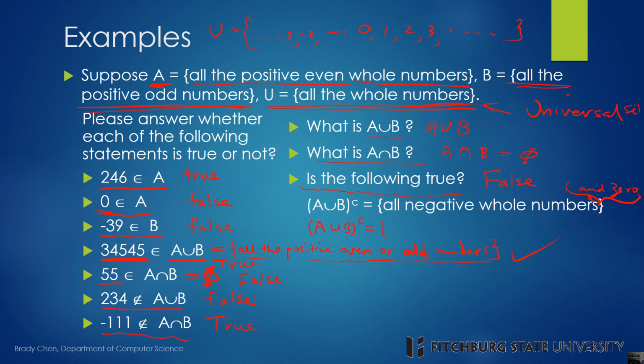So A union B is actually all the positive whole numbers. So the complement should be all the negative whole numbers plus the 0. Remember that. If we cut it in half, that's A union B, and that's A union B to the C, the complement.